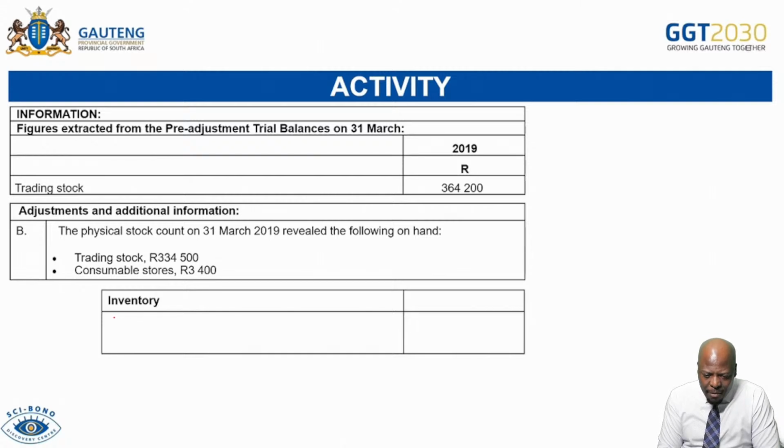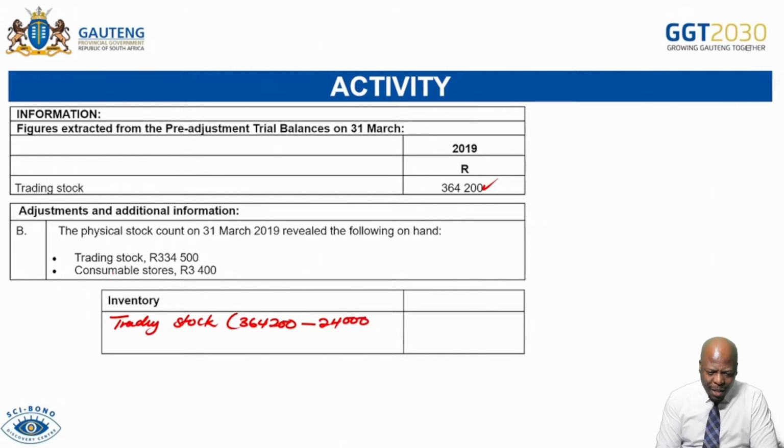So here on my inventory, I have my trading stock, okay? And then I have my 364,200, which is this one. And we have just recorded an invoice, all right? That was not yet recorded. Remember how much that was? 24,000. So here it was minus 24,000.